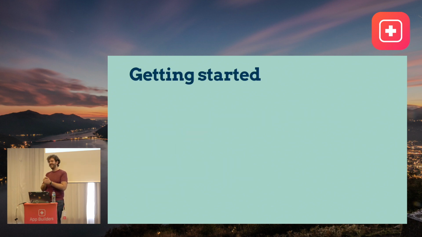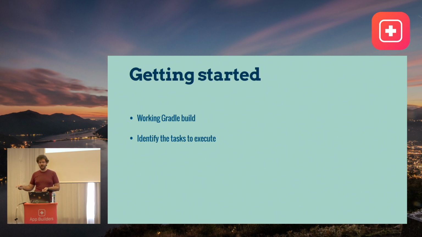Getting started, what do we need? Obviously, we need a working Gradle build, because if it doesn't build, there's no point. We need to identify what are the tasks that we want to execute, both in Gradle and outside of Gradle. Then we need to identify what are the secrets that the application needs to be able to run the build.